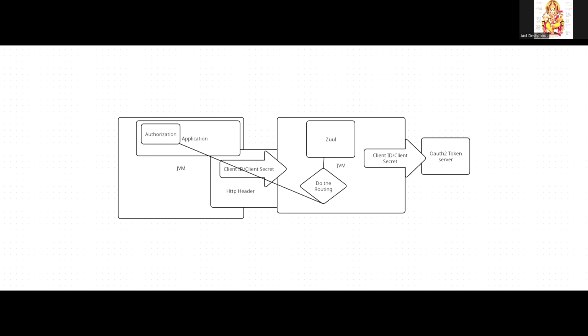Let me go to the shapes and then let's put this box here, grant type. So grant type can be two types, right?